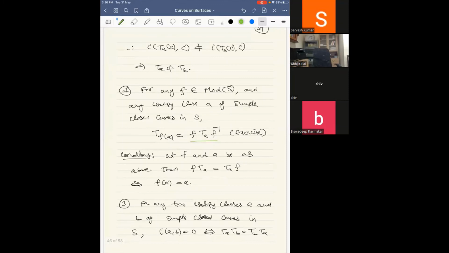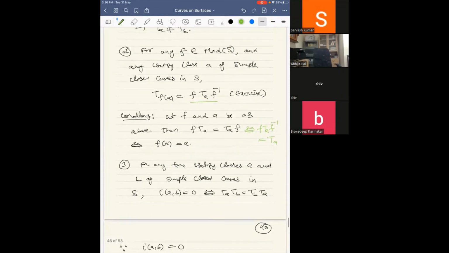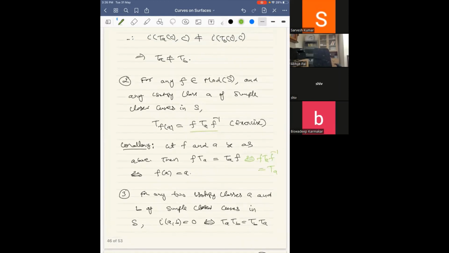This has an immediate corollary: when does an element of the mapping class group commute with the Dehn twist? This happens if and only if f T_A f inverse equals T_A, and by the previous exercise, you can immediately see this happens if f preserves A, that is, f(A) equals A. From this, you can compute the centralizer of a Dehn twist.